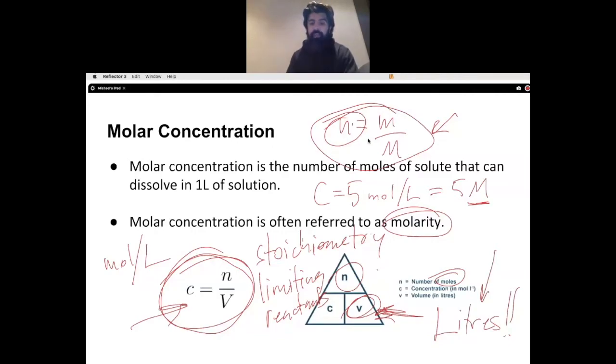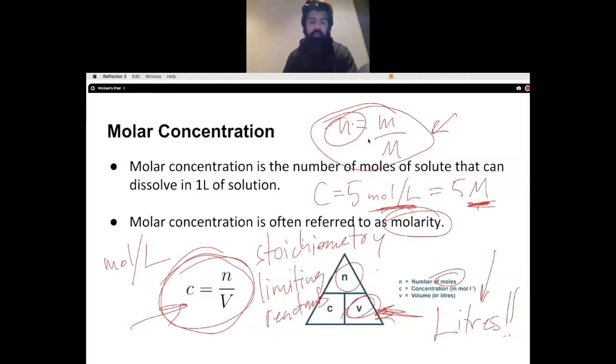So understand that you might see these two sets of units interchanged in questions. They mean the exact same thing. To be honest, I don't care which way you use to give me your answers. Either one of those units is fine.